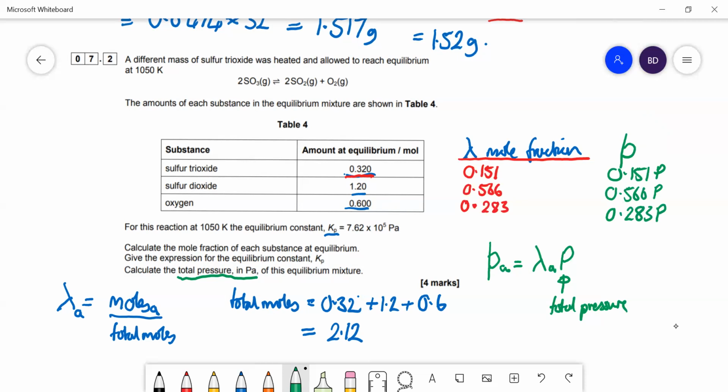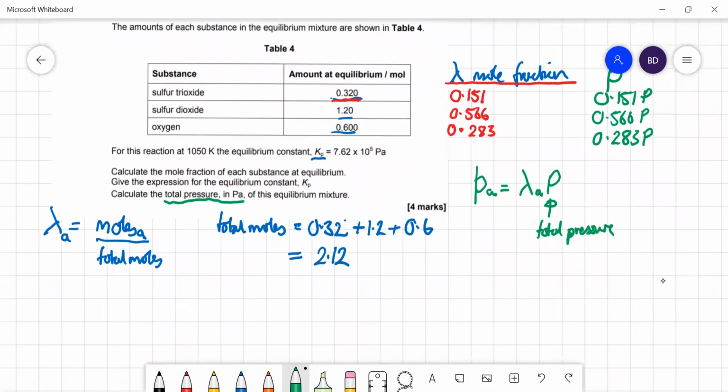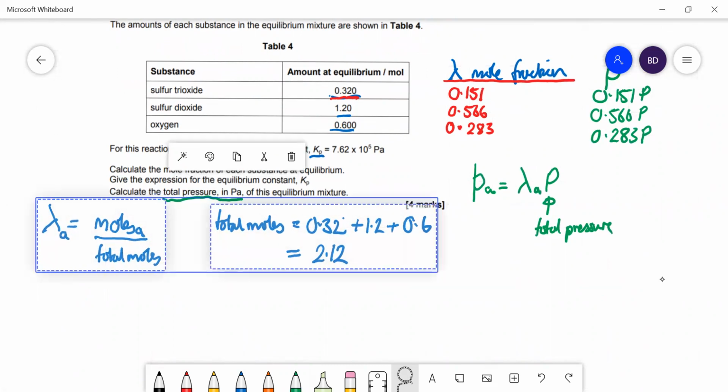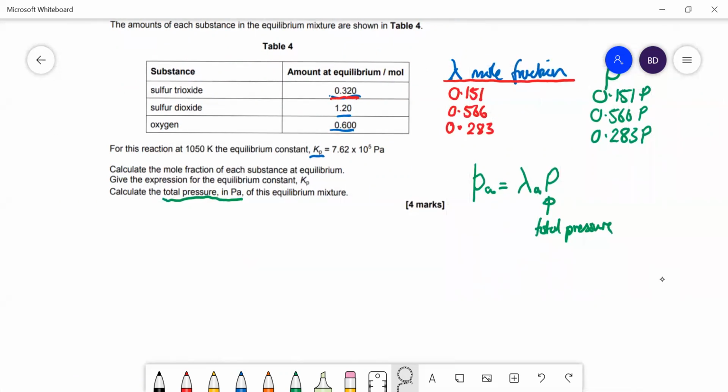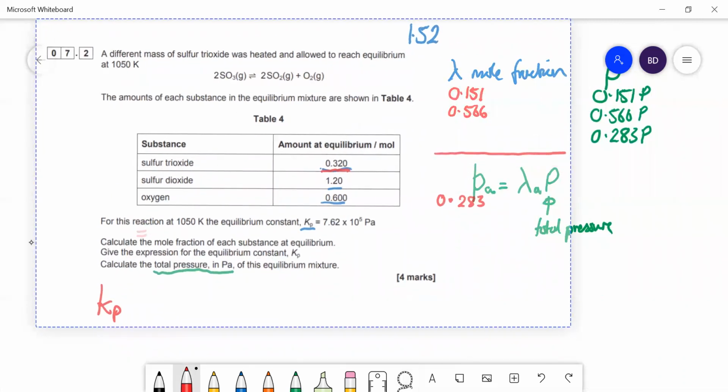Okay, now we need to give the expression for Kp. I'll clear a bit of space here. Right, the expression for Kp, just look at the form of the equation.